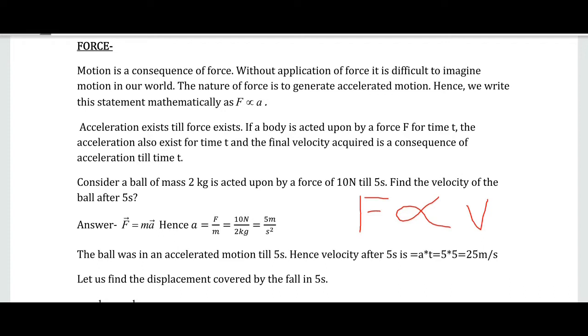If you give a little bit of intuitive thinking, you can guess one thing. If we were living in a world where the force is proportional to velocity, it would have been impossible to throw objects.